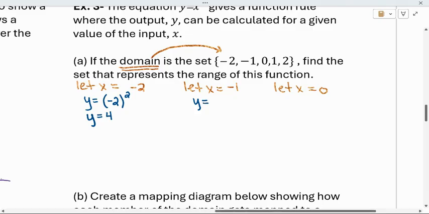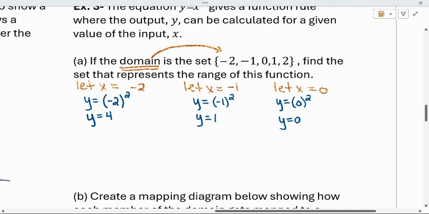My output equals my input, -1, the quantity squared. What is -1 times -1? It's positive 1. What about when I let x equal 0? My output is my input, which is 0, squared. What is 0 times 0? It's 0.